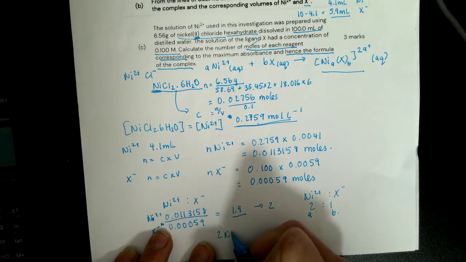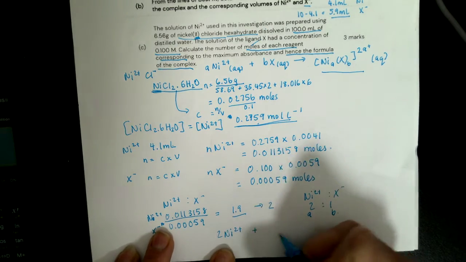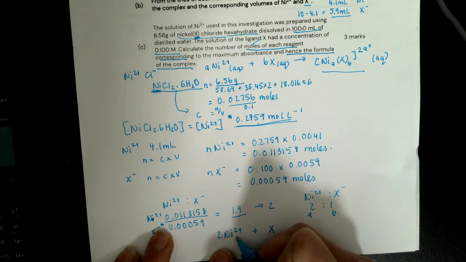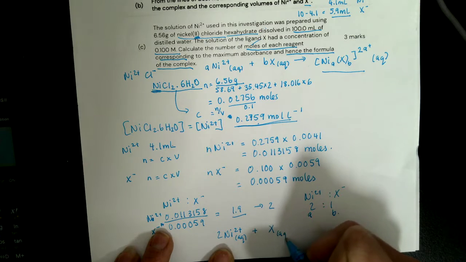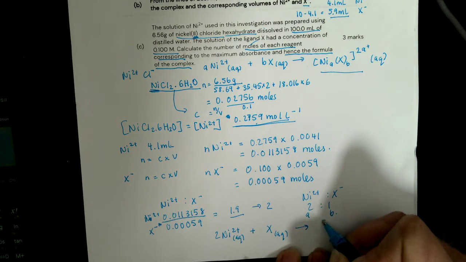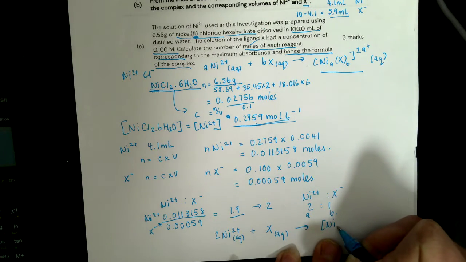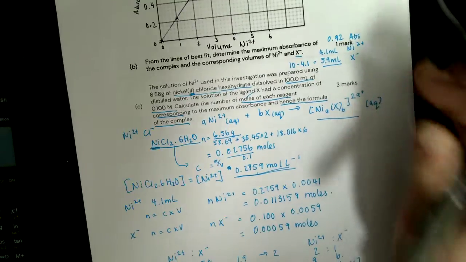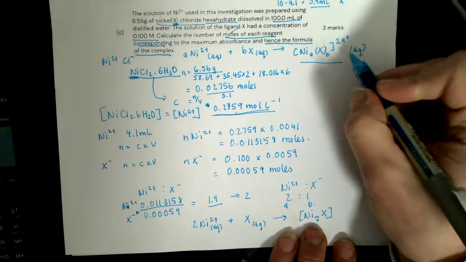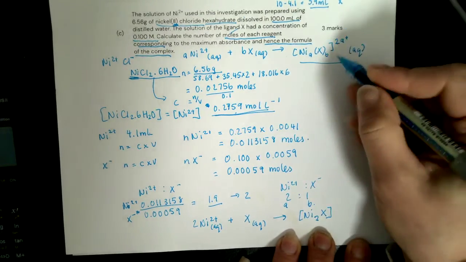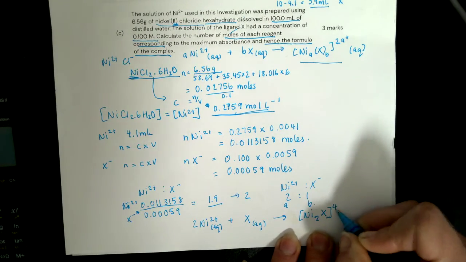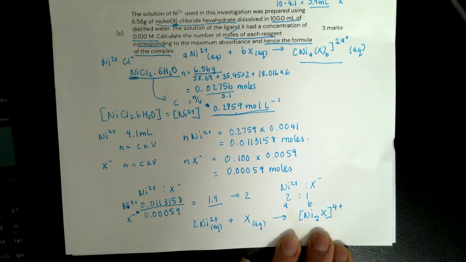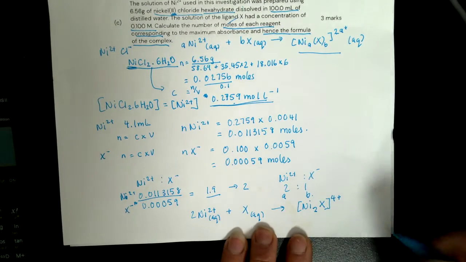So 2 Ni2+ plus 1 X minus aqueous gives us Ni2X1, and then the charge is going to be 2A minus B, so 2 times 2 gives us a 4+ charge.